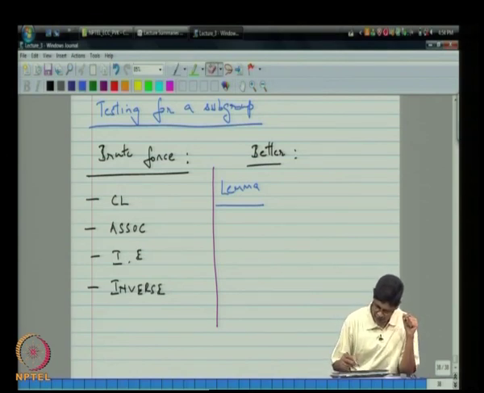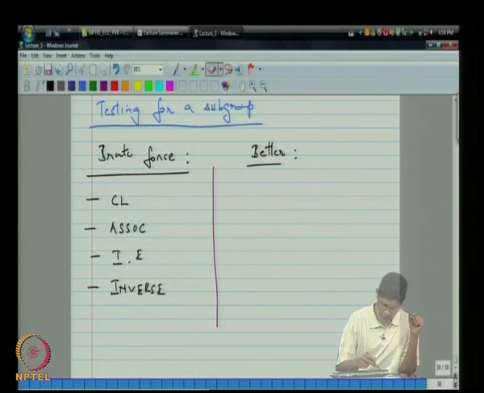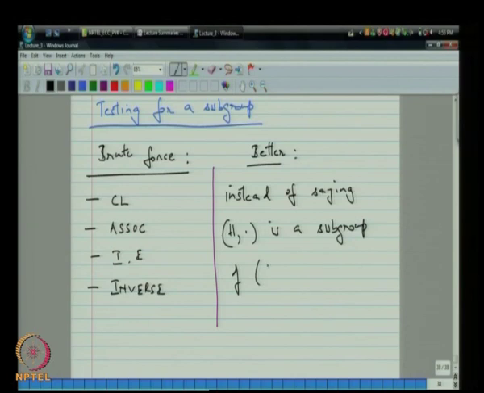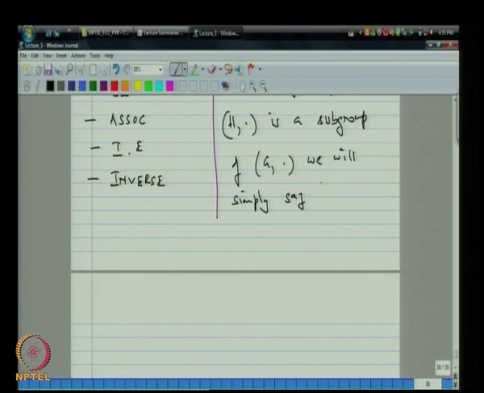Before I do that, perhaps I should make one clarification. Instead of saying H plus is a subgroup of G plus, we will simply say that H is a subgroup of G. Okay.